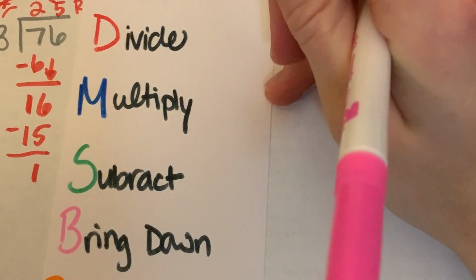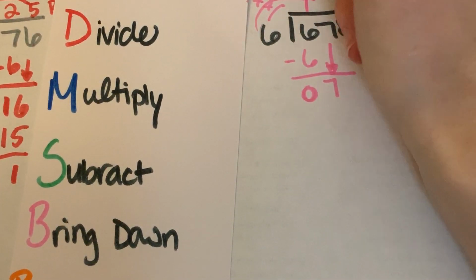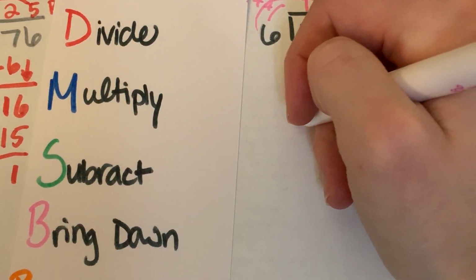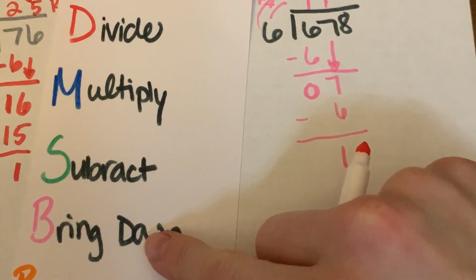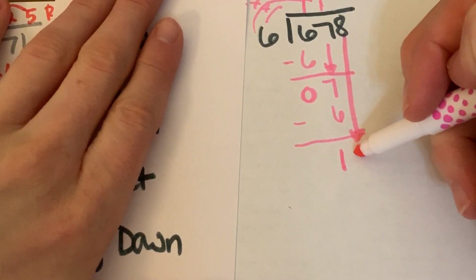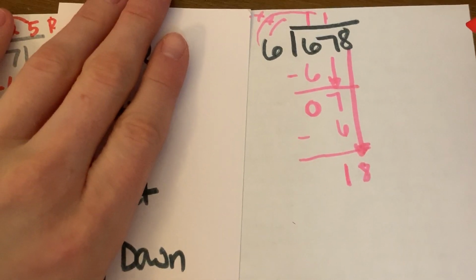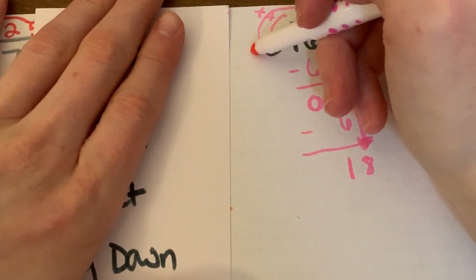6 times what gets me as close to 7 as possible? Well, that will have to be 6 times 1 again. I'm going to subtract, and I have 1. Okay, bringing down 18. 6 times what gives me 18, or 18 divided by 6 gives me what?